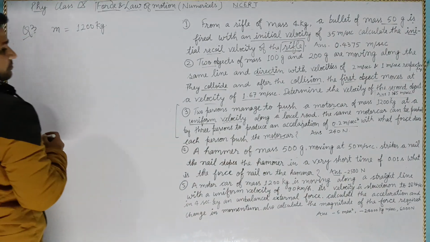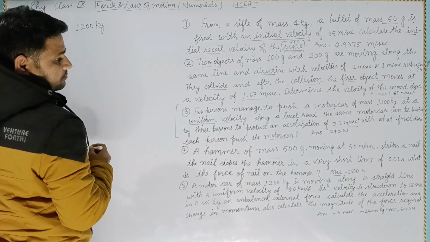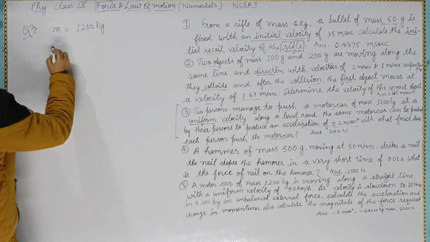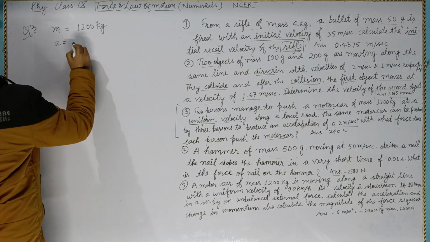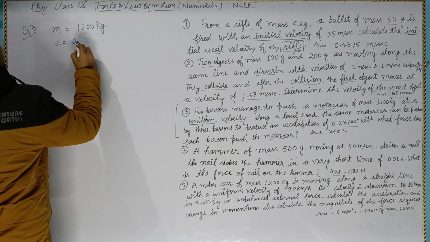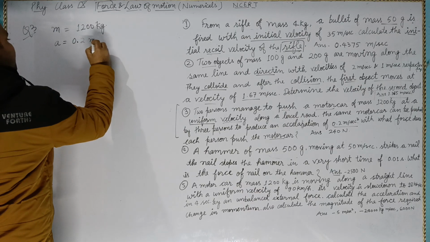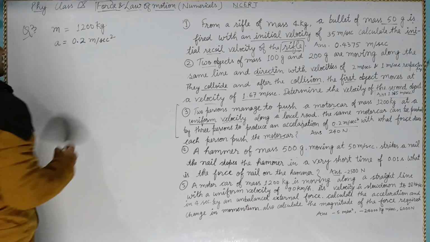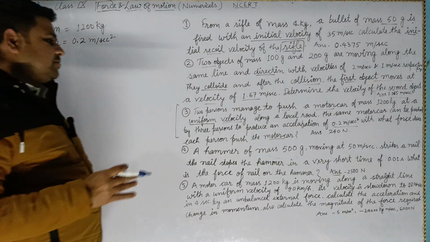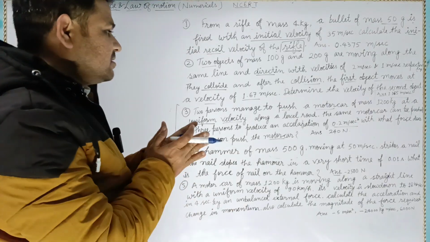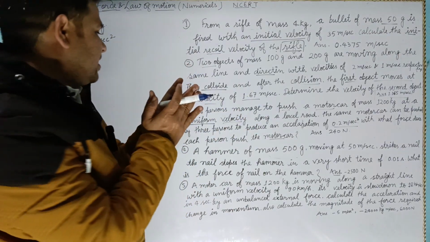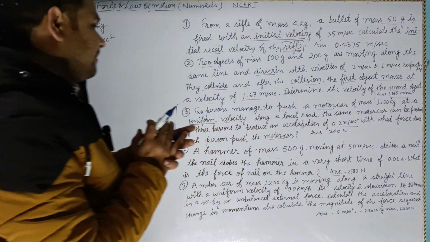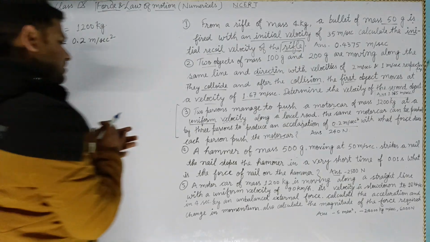So we write acceleration a equal to 0.2 meter per second squared when the third person also pushes the motor car.